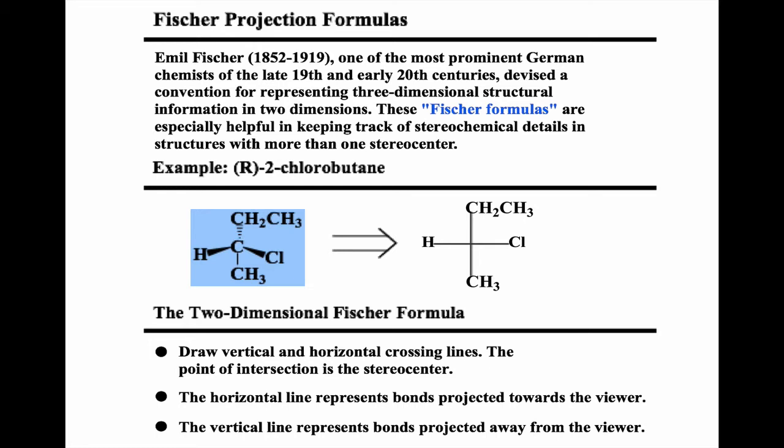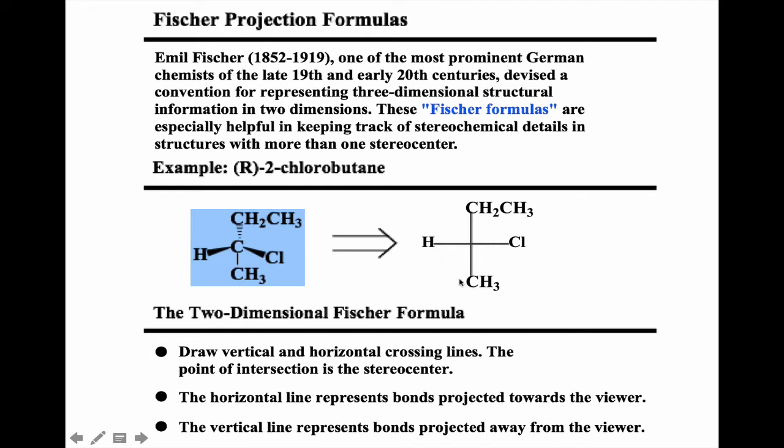And where the 2 lines intersect at the center, right here, is the carbon atom. So carbon atoms are actually the intersections of these lines, and the groups attached to them are shown here. So that's what would happen if you took that. This is a Fischer projection.